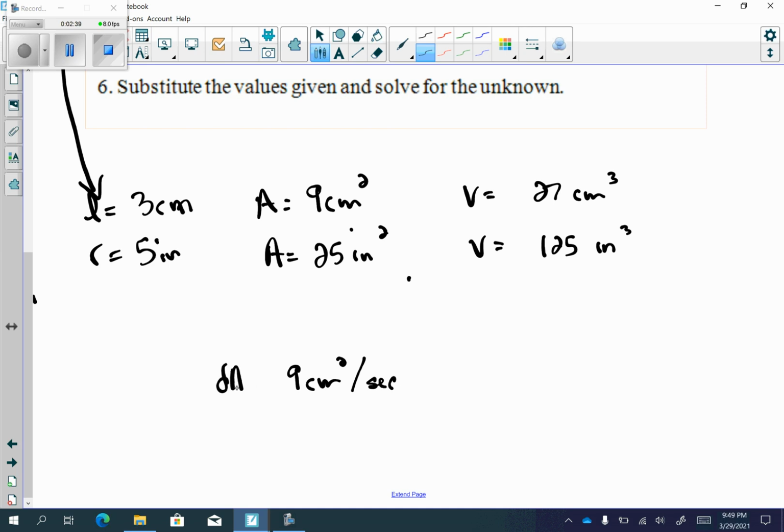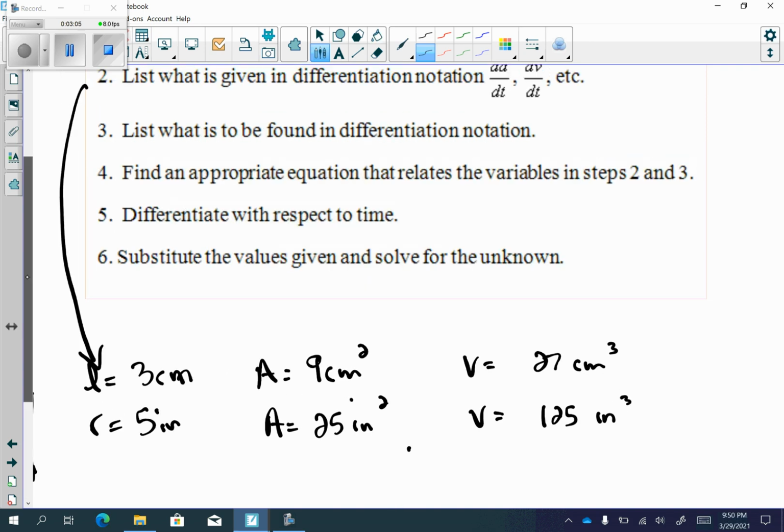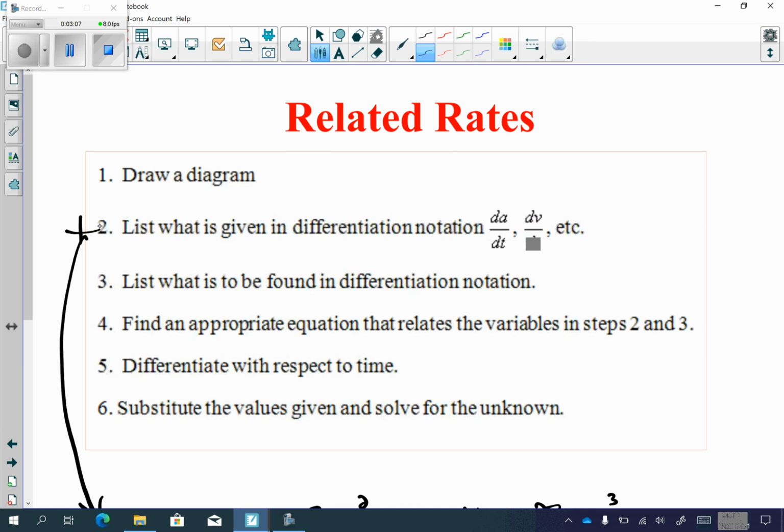That's actually a dA over dt, the rate at which the area of the figure is increasing. So let's be careful of our units. If you had something like 27 cubic centimeters per minute, that would be the rate at which the volume of the figure is increasing. So it's important to watch your units when you're doing these questions.